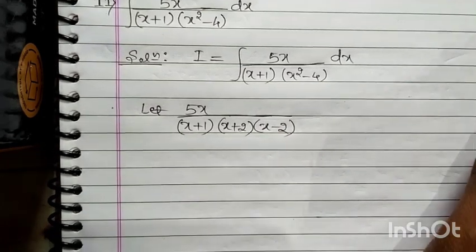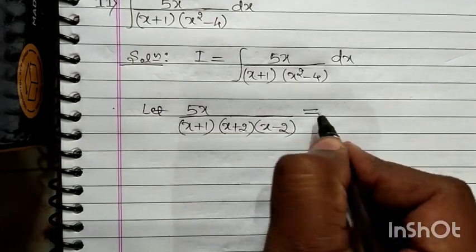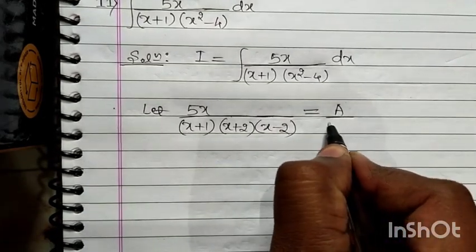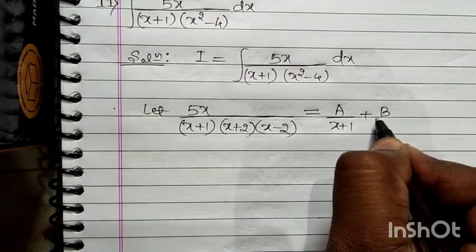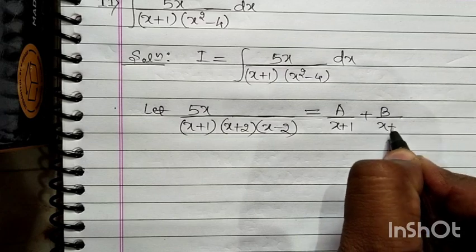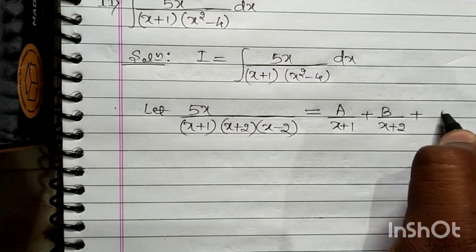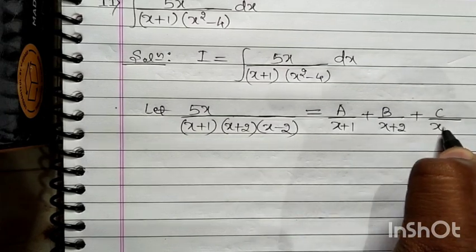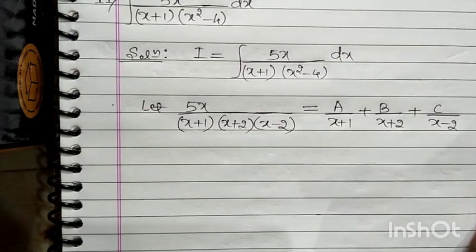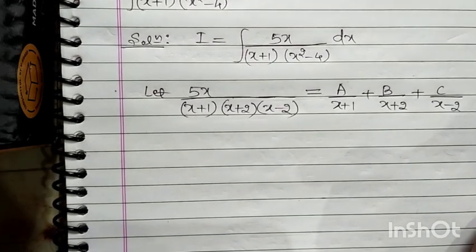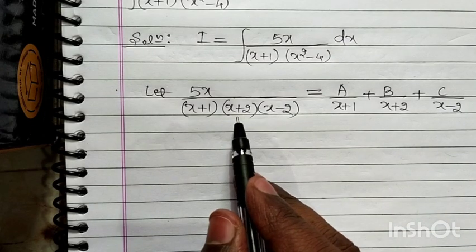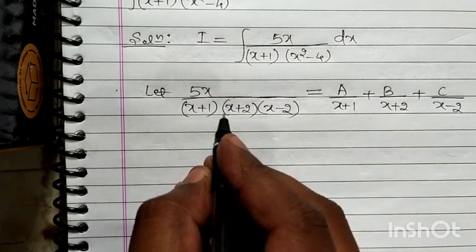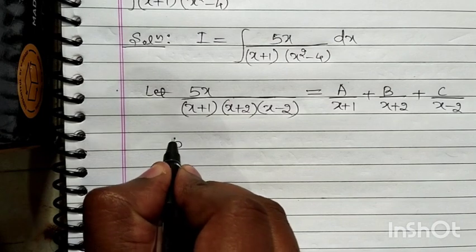This is equal to A divided by x plus 1 plus B divided by x plus 2 plus C divided by x minus 2. Now we take the LCM on the right hand side, and the denominators of LHS and RHS get cancelled.